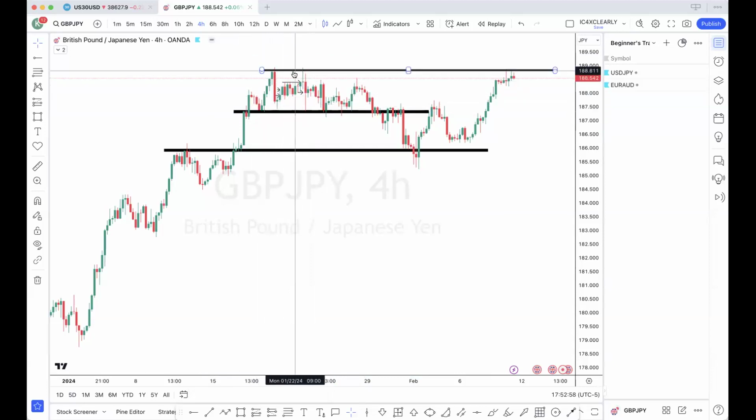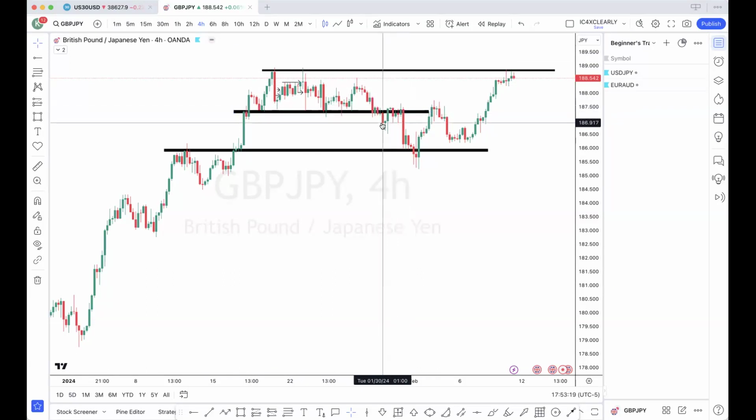So now, as you can see, price consolidated for a little bit and then broke out. And when it consolidated, it almost tapped this zone, tapped this zone, tapped this zone, tapped this zone. So it became a very strong level of support, right? So once price breaks out, I'm expecting price to come back.